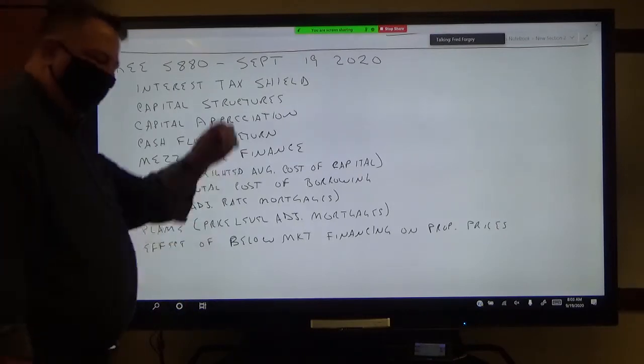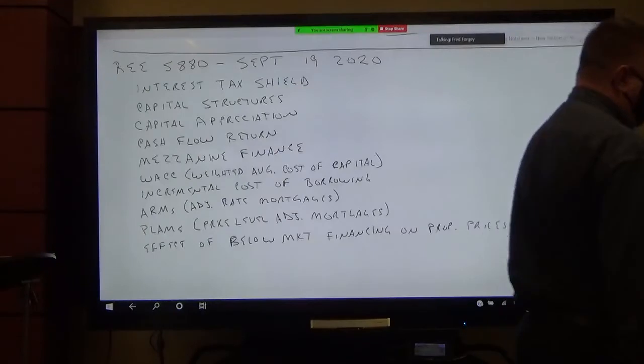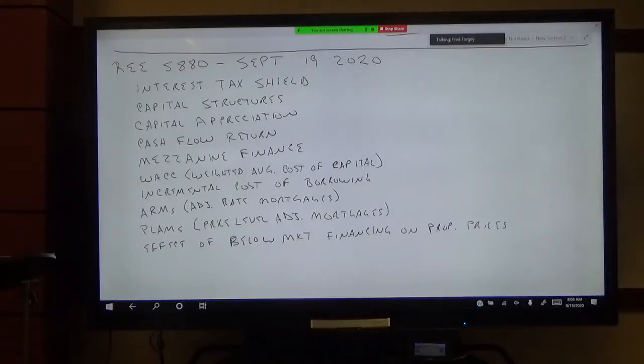The first of the things that we're going to be exploring a lot more in detail during the real estate investments course coming up in the second half of the fall semester is the implication of income taxes and how that affects an investor's rate of return.